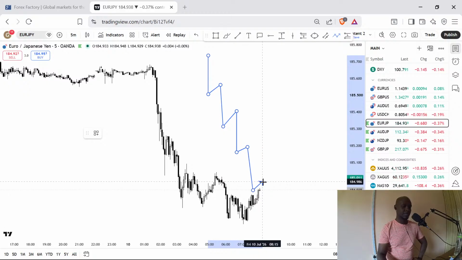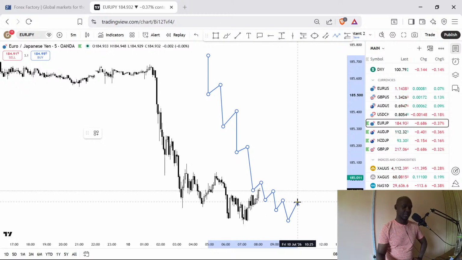But at some point we see signs of exhaustion in the form of a descending channel where every time we break the low, we immediately reverse. We break the low again, we get bias in the market, we get a reversal. And eventually the buyers take control of the market and we start to push upwards.